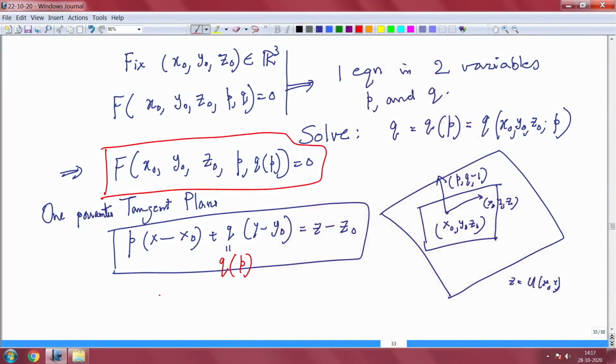If you look at its envelope, this one parameter family of planes produces a generalized cone, which need not be a right circular cone. So the geometry is that for each point, your equation f(x naught, y naught, z naught, p, q) produces a cone, and as the point varies you get a field of cones.